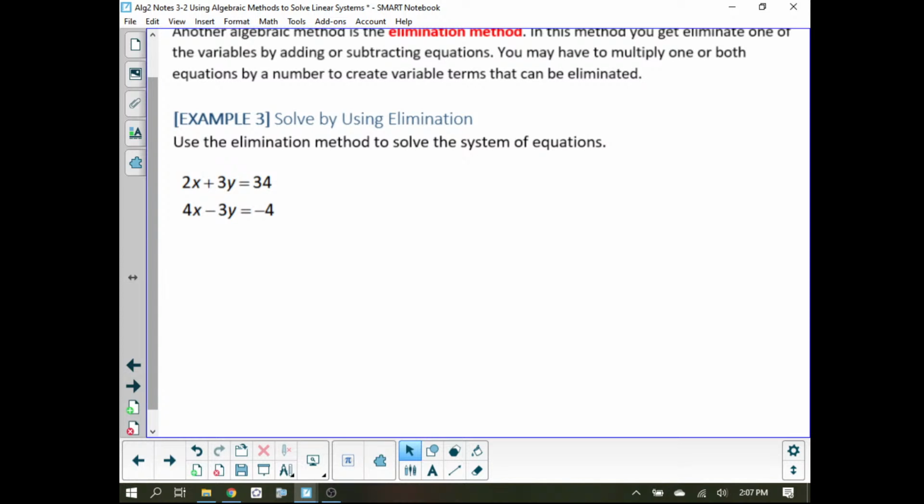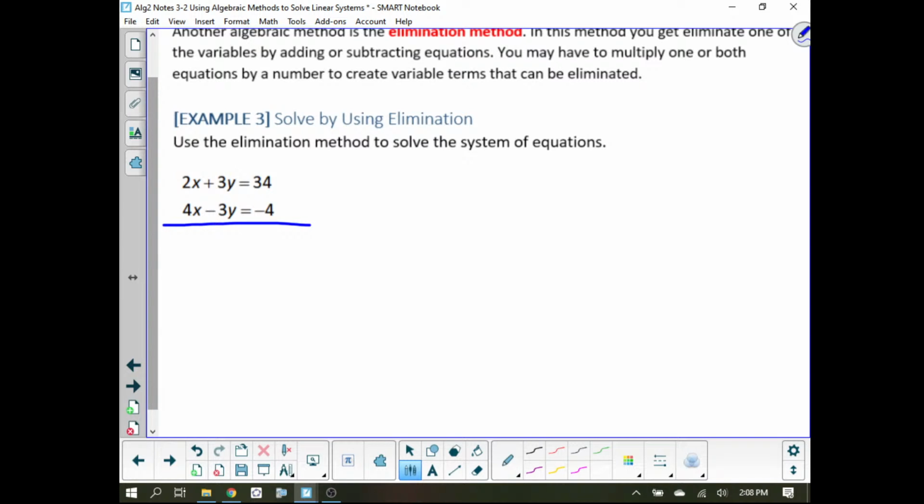So an alternate method is called the elimination method. In the elimination method, we're trying to wipe out one of the variables, either x or y. And we wipe it out by just adding or subtracting the equations. For this, you want to make sure that they line up first vertically. So we got x's over x's, y's over y's, and the constant over the constant. Should we add or subtract these equations?